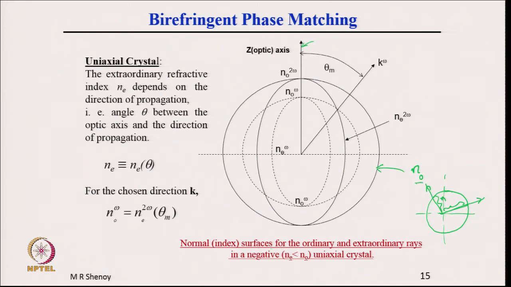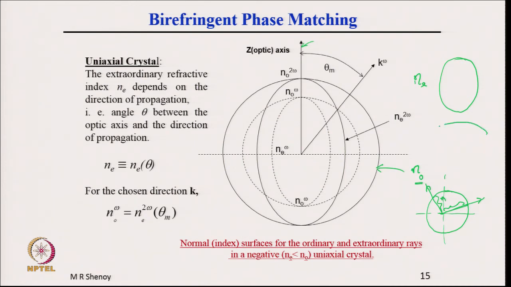Now, the ordinary refractive index is independent of the direction of propagation, and therefore, if we plot an index surface, it will be a sphere. What we have shown here as a circle is in 2D; actually it is a sphere, but in 2D it will be a circle. The circle indicates that, independent of the direction of propagation, the refractive index is the same. But if we plot n E, then we get an ellipse like this.